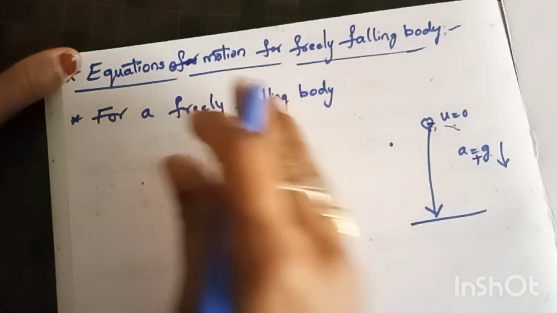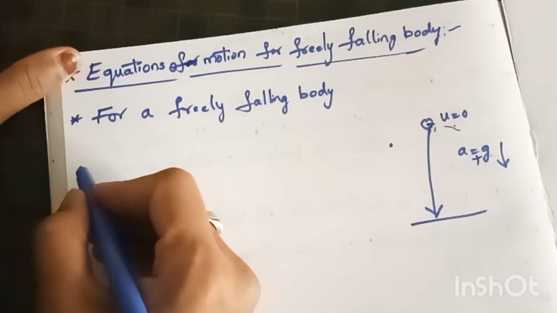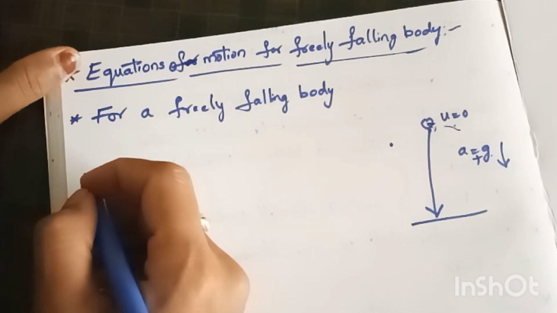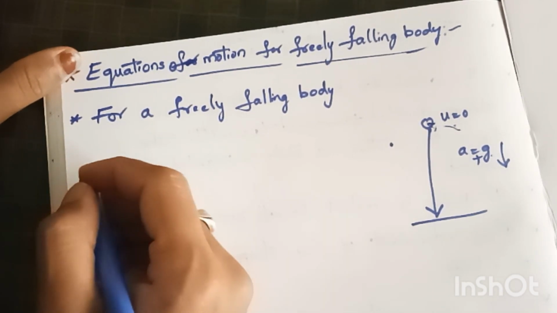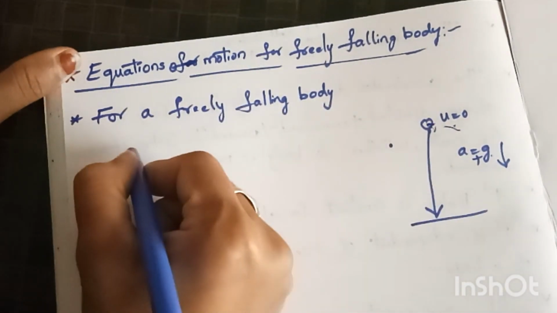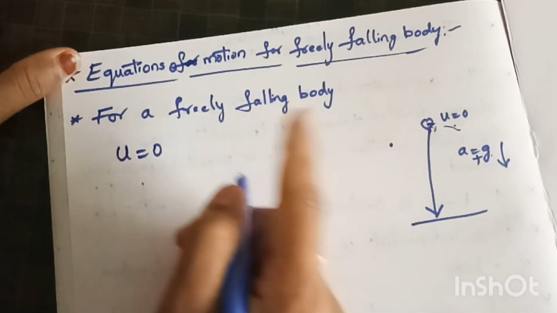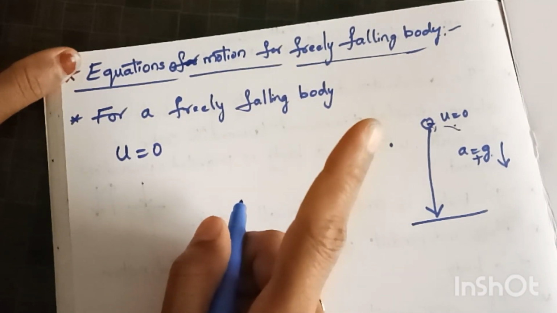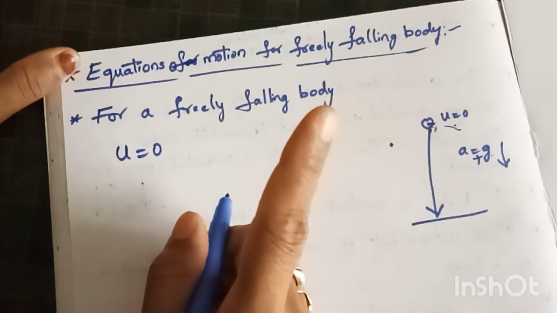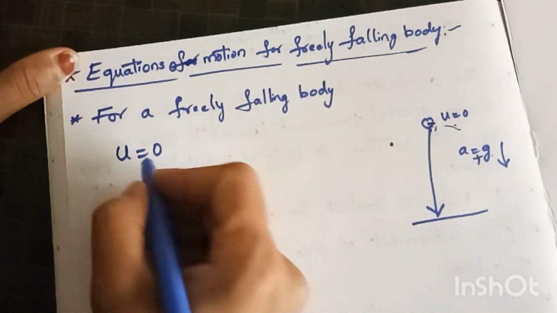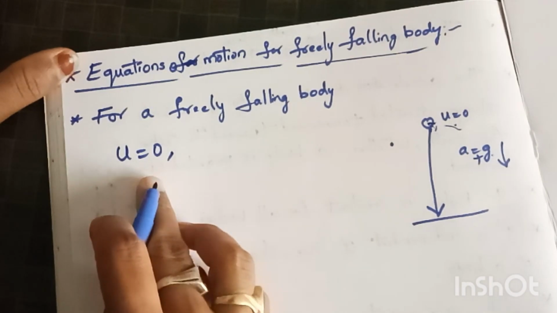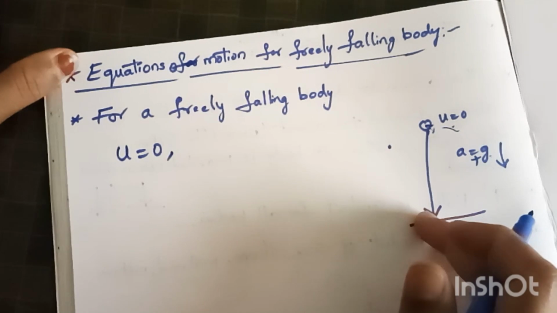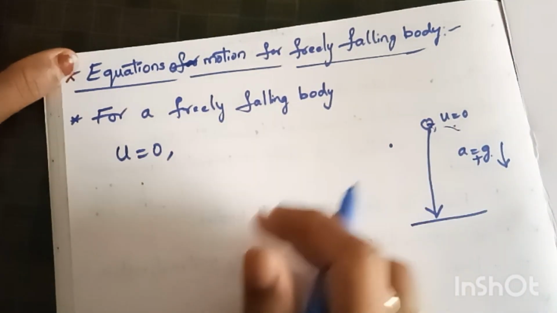So to write equations, I said that acceleration due to gravity will contain uniform acceleration. Uniform acceleration means same acceleration. So for a freely falling body, u equals 0. Everyone should remember that for a freely falling body, first the object will be at rest, u equals 0. At that position, the object is freely falling. So u equals 0 only for a freely falling body, falling in the downward direction, and freely falling means g is positive.